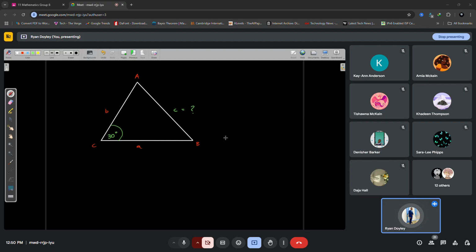Now this would make our lives very easy because we can just use the C formula, right? Because we're trying to find side C. So we could say c squared is equal to a squared plus b squared minus 2ab cos C.